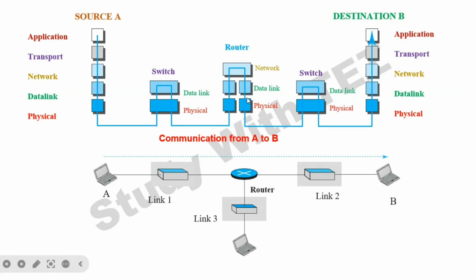So it is A and B, and there are three links. Link 1 and 2 are switches, and link 3 is a router. In the source and the destination, there are five layers, whereas in link 1 and 2, that is the switches, there are only two layers, and with link 3, that is the router, it is three layers.